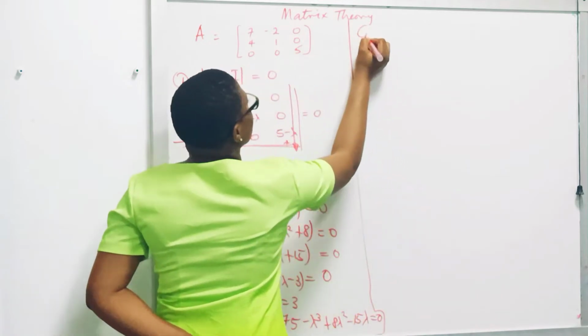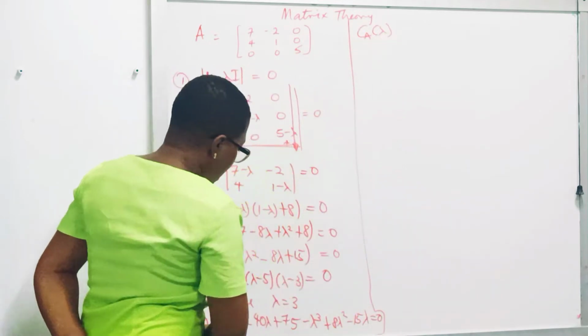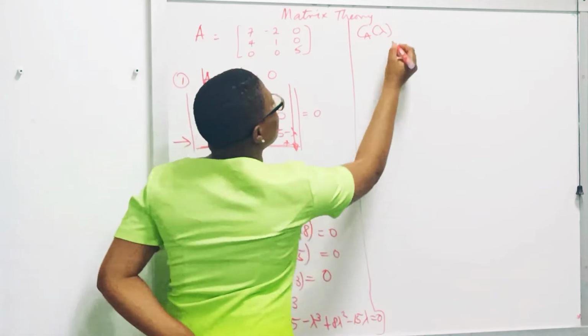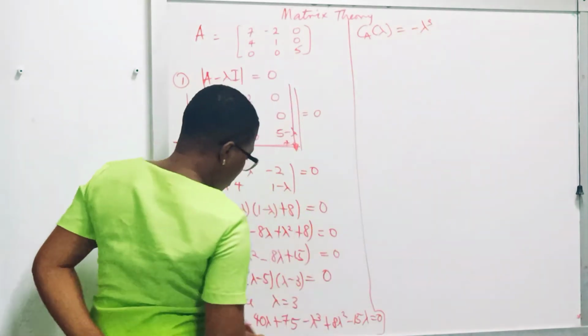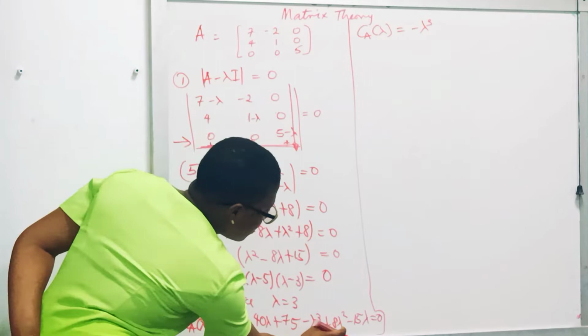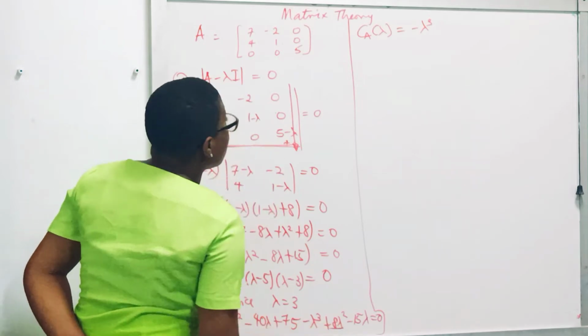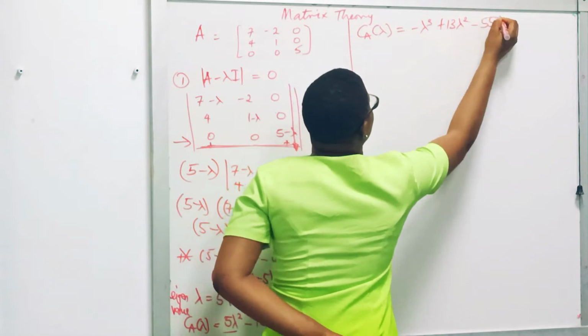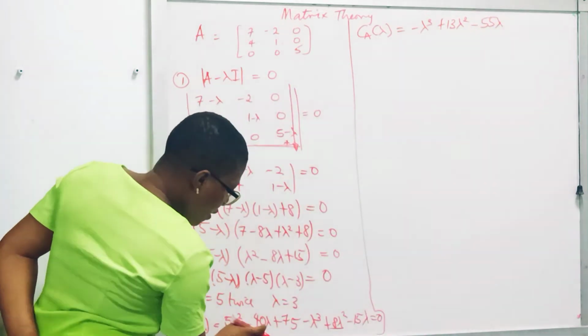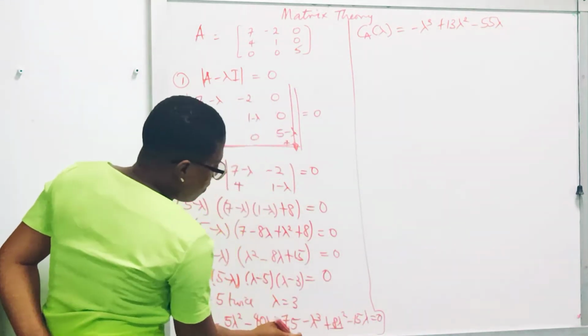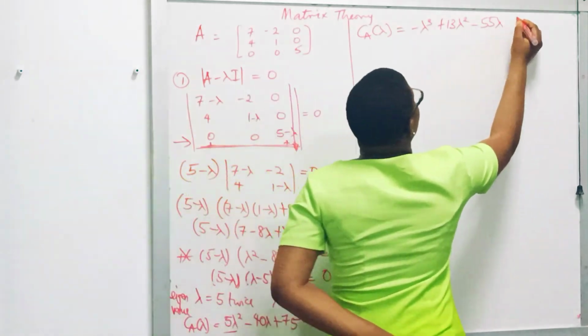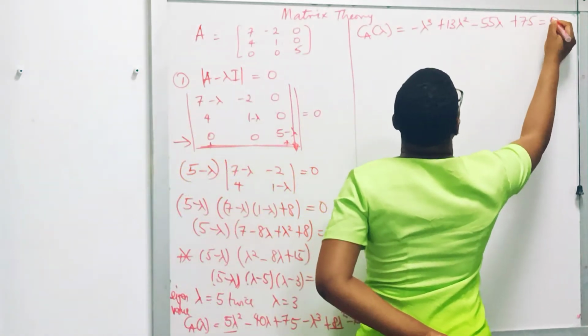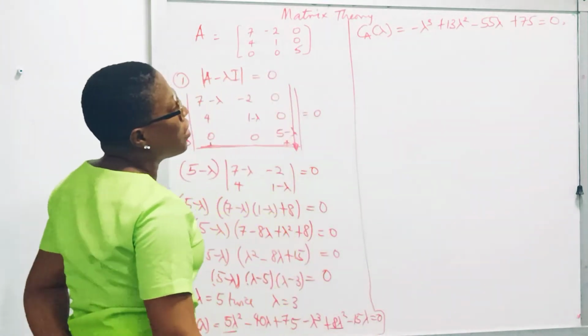So the characteristic equation is minus lambda cubed plus 13 lambda squared minus 55 lambda plus 75 equals 0. So that's the characteristic equation.